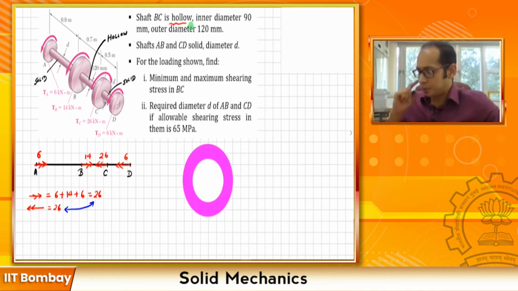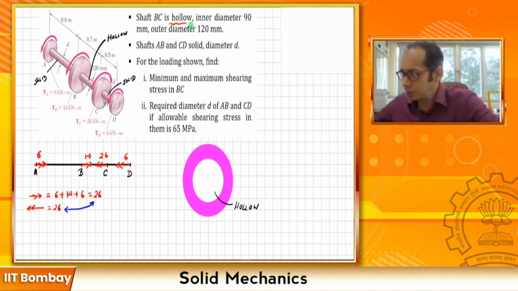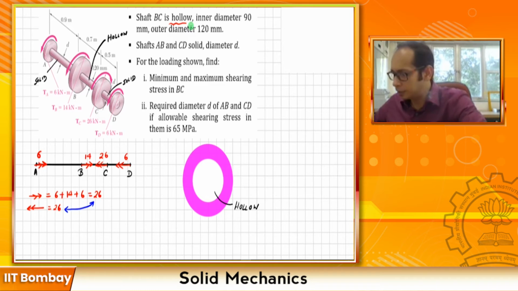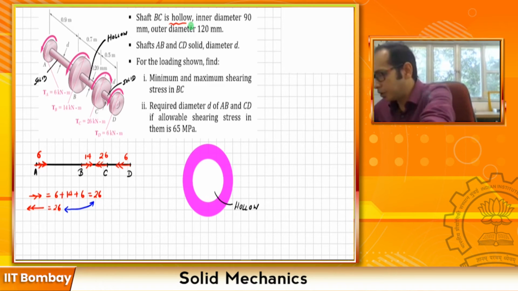Okay, so your inner part is hollow. This is the hollow core that is there, and it has an inner radius and an outer radius. So let's try to mark those as well. If this is my center, I have an inner radius and an outer radius.